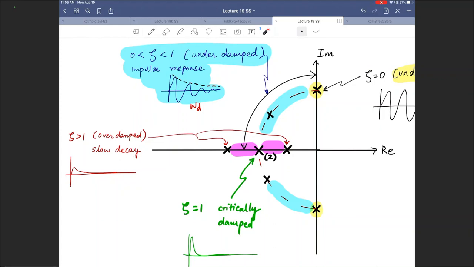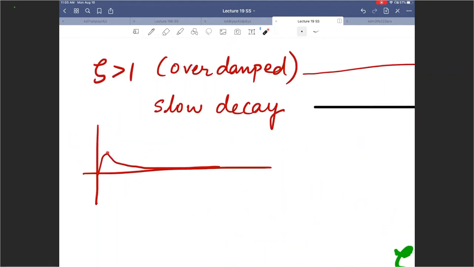So you see this, the response is not very strong here. The amplitude of that response is much lower than the critically damped case because we have increased the damping even further, but there is a slow decay. The energy remains in the system for a lot longer. It decays out slowly. That's called an overdamped system.